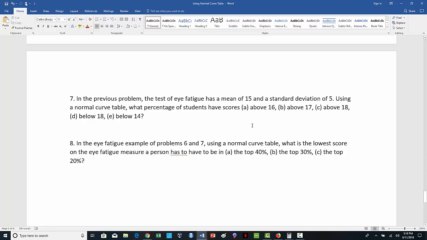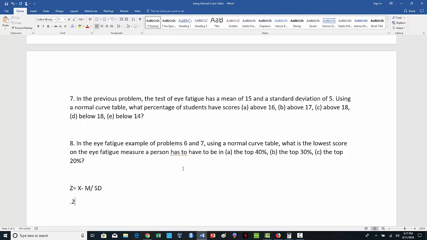The way that we do that is we, again, use the z-score equation. And again, what that looks like is z equals x minus mean divided by the standard deviation. So we have to rearrange that.